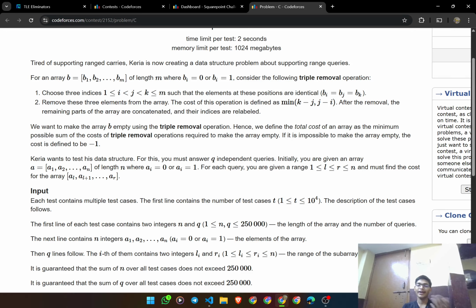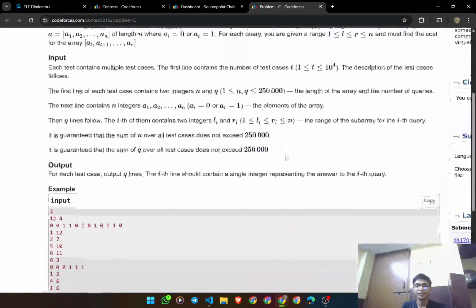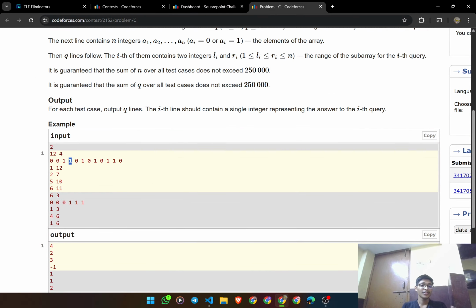So anyhow we have to pay 2 distance or 2 cost, but we have to minimize that cost. We can choose 1 1 and 1, but here also we will have to pay the 2 cost.